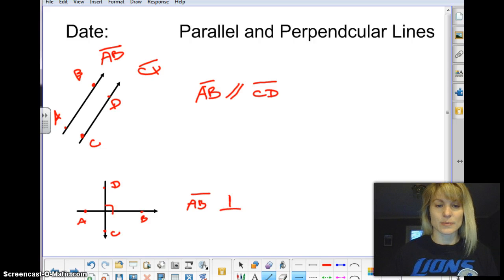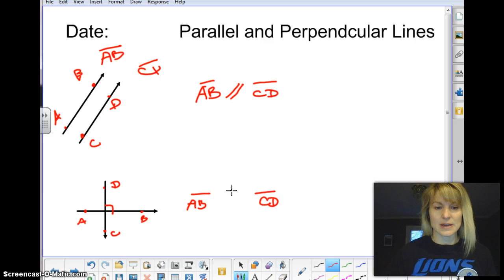It looks like a little upside down T. So we'd say it's perpendicular to line CD. Okay, so you have the parallel, which is quite simple, and then the perpendicular is like an upside down T. It should just be two lines that meet at a 90-degree angle.